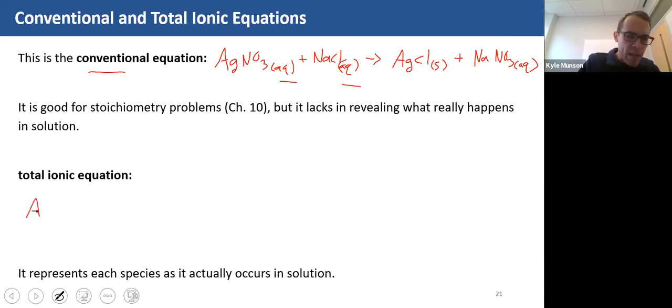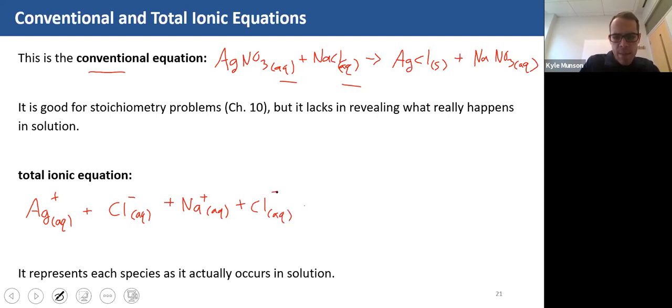If we did that, we'd get silver ion, aqueous, plus chloride ion, aqueous, plus sodium ion, aqueous, plus nitrate ion, aqueous, gives me silver chloride, which is a solid, stays together, plus sodium ion, plus the nitrate ion.